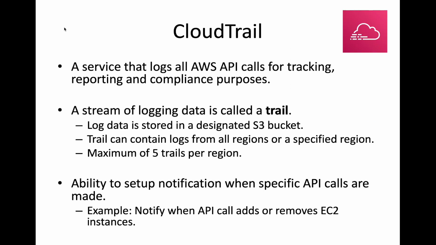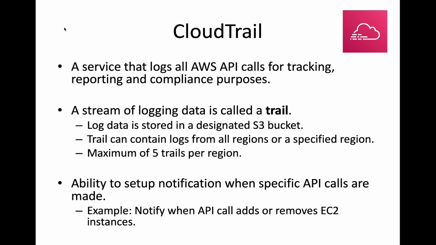The next service I want to talk about is AWS CloudTrail. AWS CloudTrail is a managed service which will log all of the AWS API requests in a read-only database, essentially.